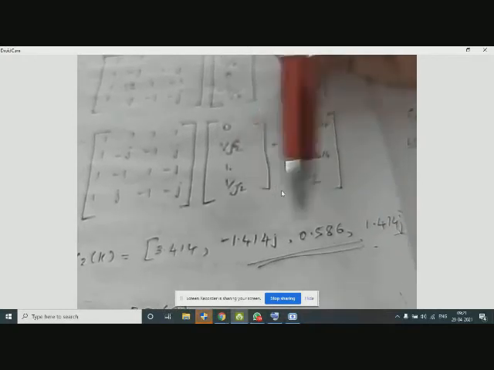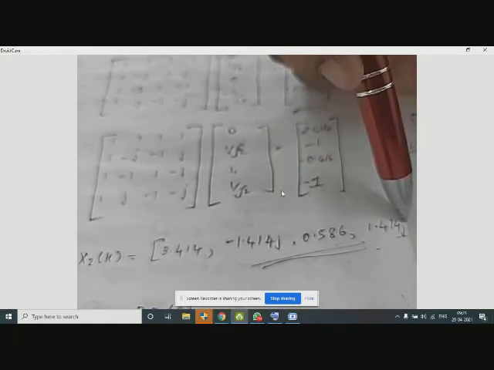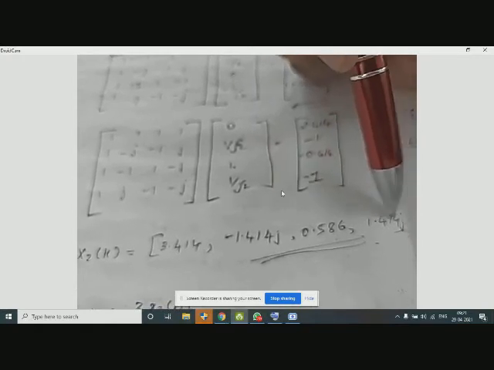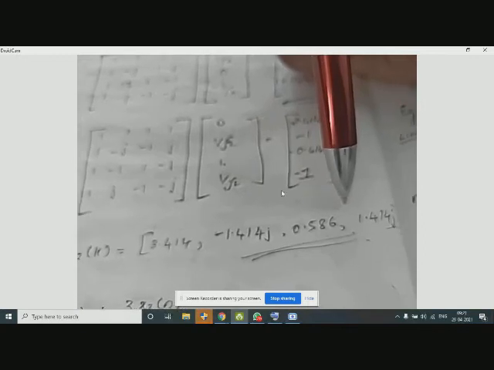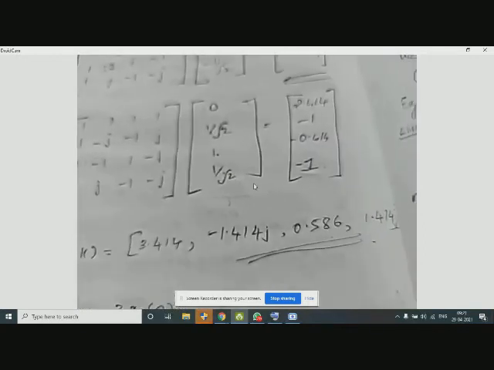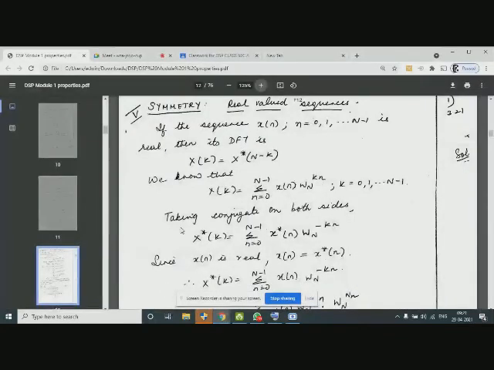So X of 1 and X of 3, if you observe, they are symmetric. Only thing is, this is minus j, this is plus j. This is what I was trying to explain to you. Got it? So this is what is mentioned over here.